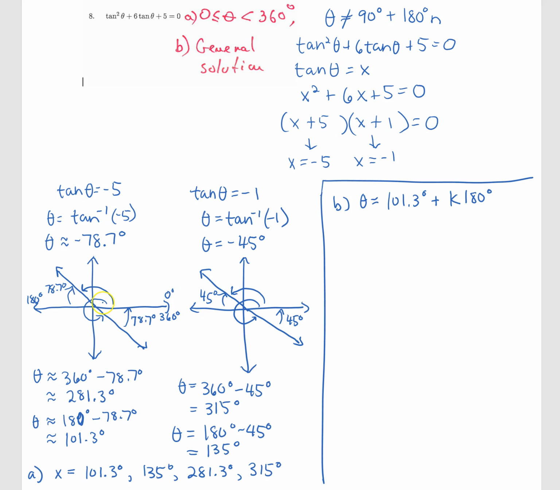If this is the 101.3, it's going to fall here and then continuously fall on these two arms when we add multiples of 180 degrees. So that encompasses all possible values of theta.